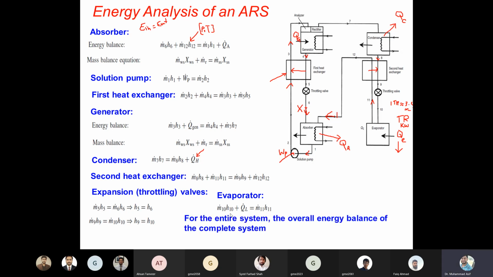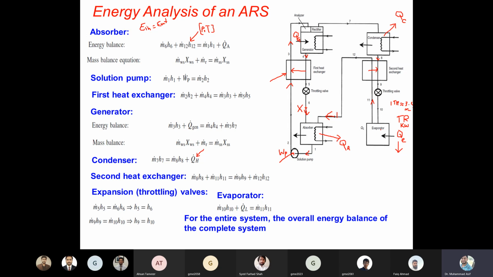And finally, we can have the energy balance for the overall system. Let's say we don't go into what is inside that system. In the overall system, the inputs are the pump input, QG input, and heat absorption in the evaporator. The outputs are heat rejection in the condenser and heat rejection in the absorber.